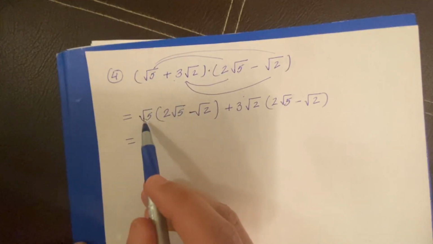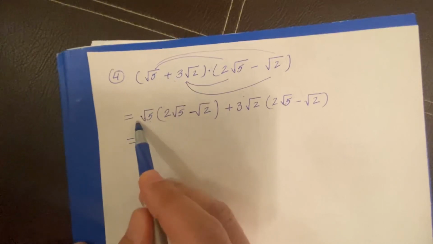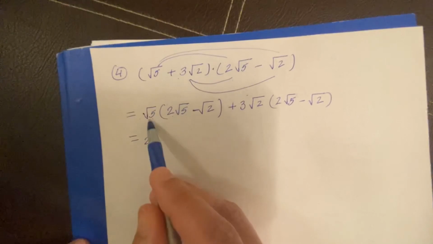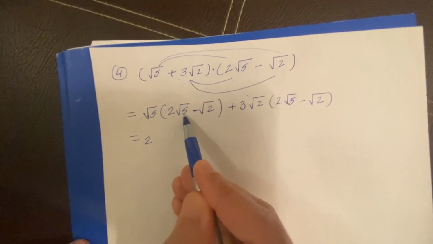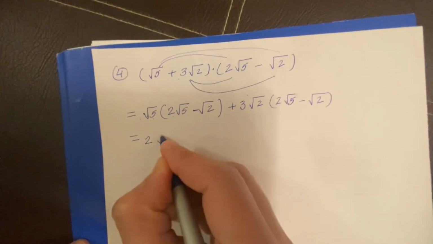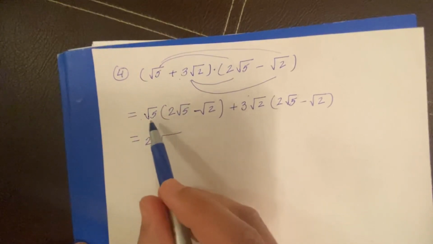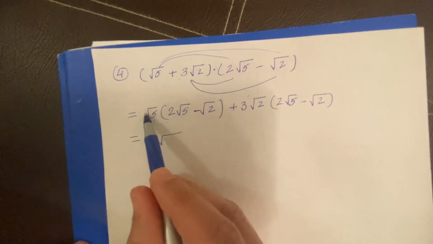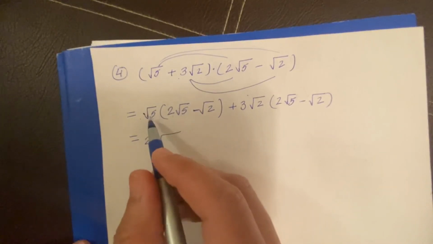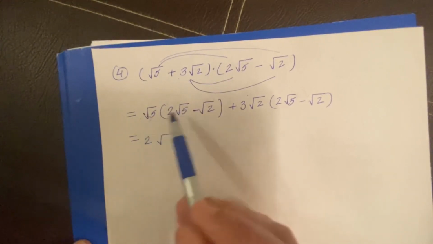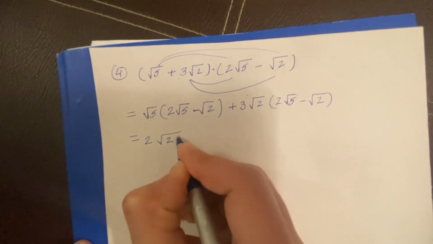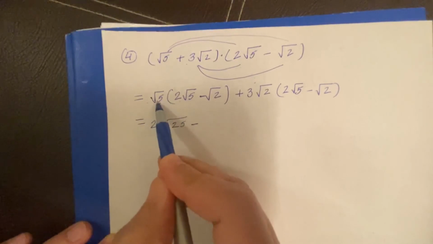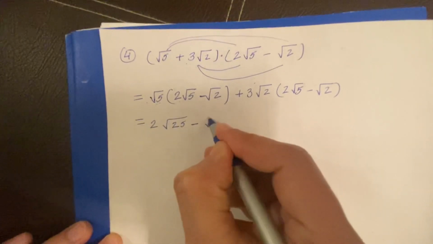So 1 times 1 times 2 is just 2. The square root of 5 times the square root of 5, we can combine into a single root because there is the same index, and then multiply 5 and 5, which is the square root of 25, minus the square root of 5 times the square root of 2, which is the square root of 10.